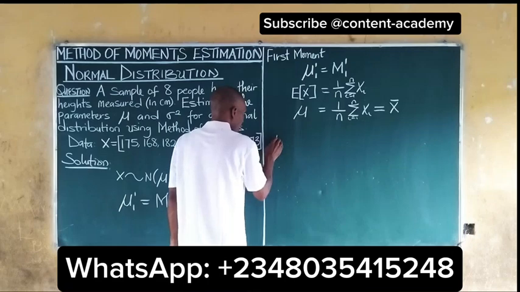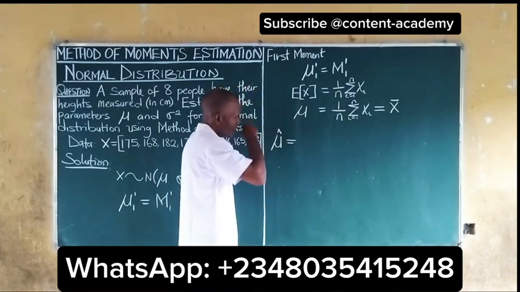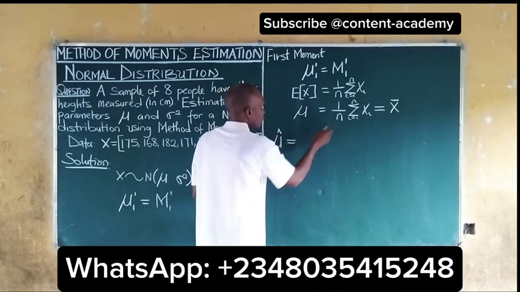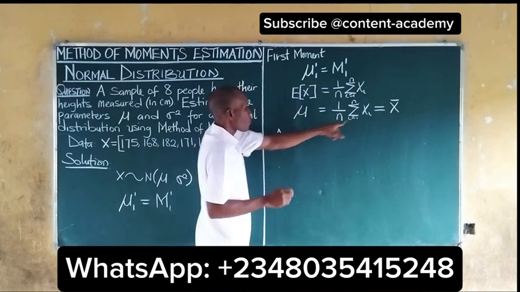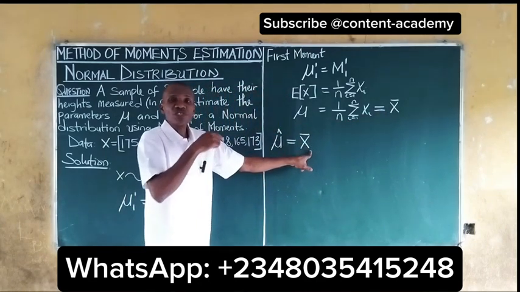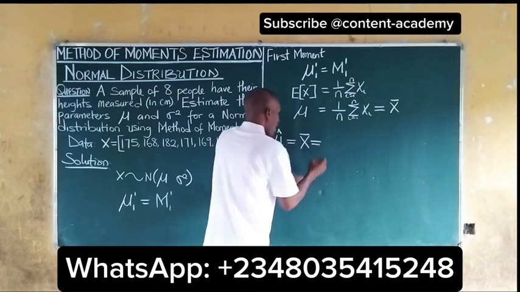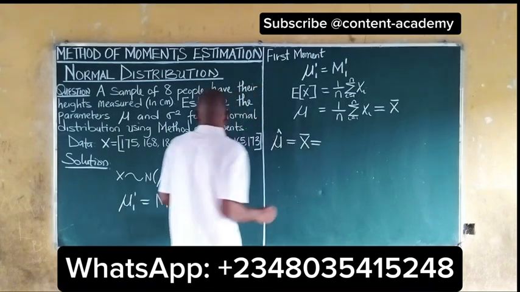Now, how do we calculate the mean? The mean is equal to x bar, which is the solution to the method of moments, and that is 1 over n.